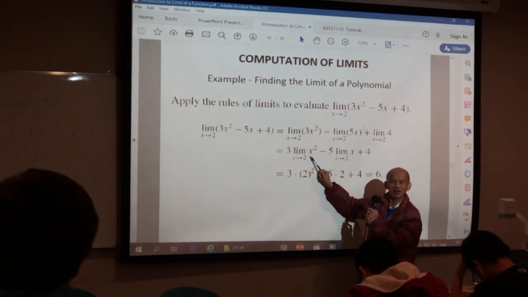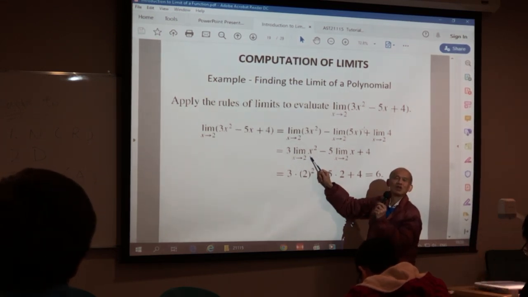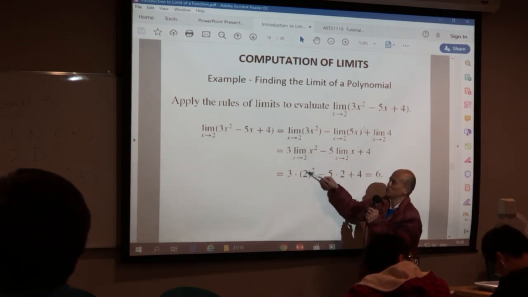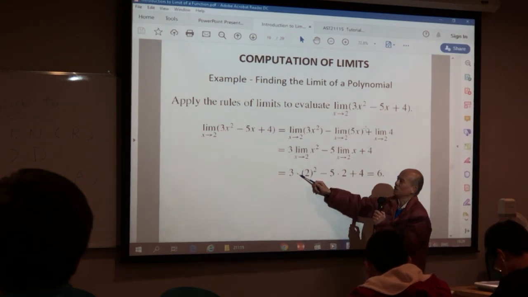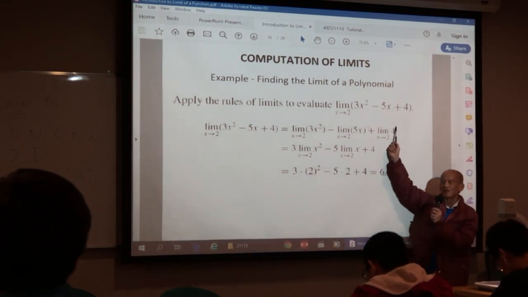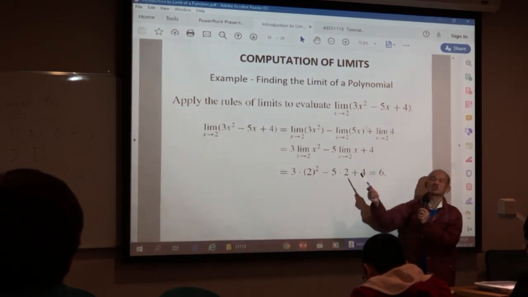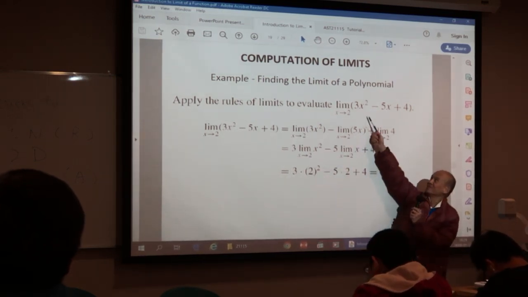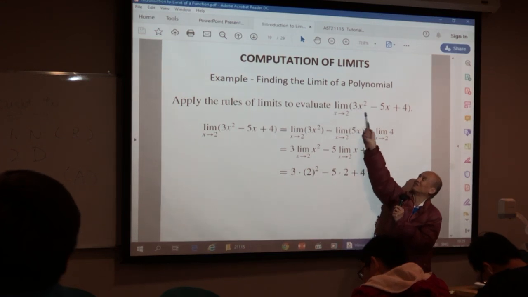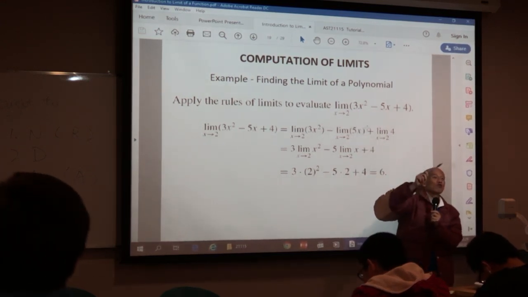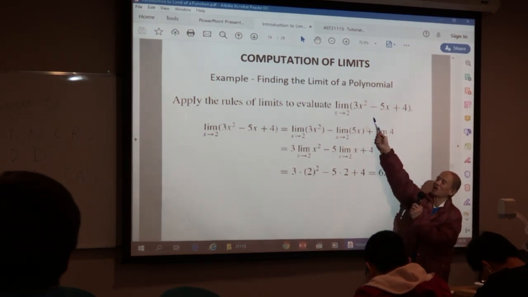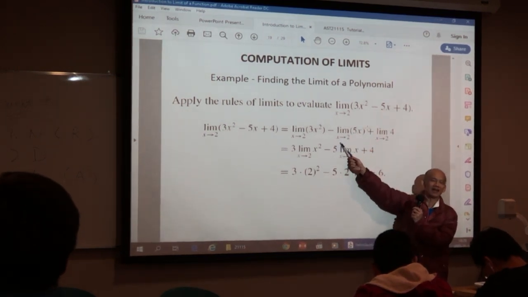It is an identity function, so it returns the same as the input. That's why it is 2 times 2. Therefore, for a polynomial, it is as simple as you just substitute. Just look at it as a function and substitute into it. This is true for all polynomials, because for any polynomial we can do such analysis.